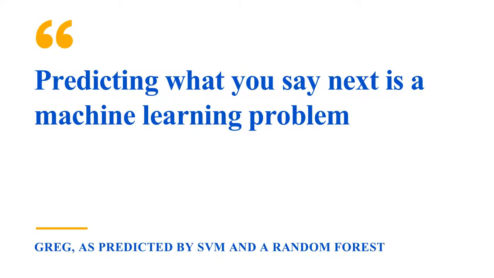And in fact, predicting what you say next is a machine learning problem. There are some contexts where we talk and we ask exactly the same kind of questions. So one of the examples that Luke, the track lead, observed was that on a first date, people ask exactly the same questions. Where are you from? What do you do?